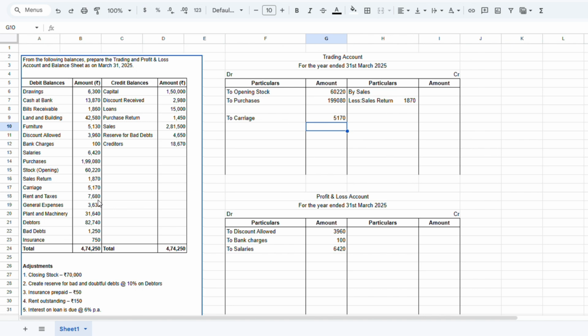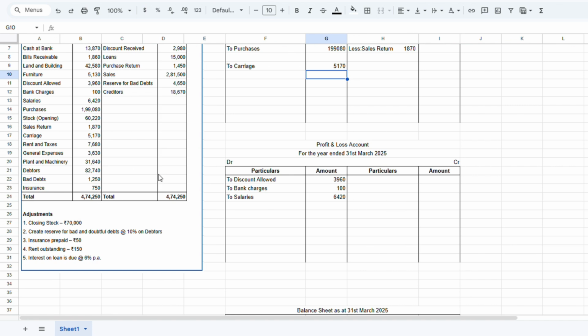Next, rent and rates 7,680. Rent and rates is an indirect expense. So, profit and loss account, debit side, to rent and rates. We have 7,680, but we have to consider rent outstanding, so we will take it in the inner column.